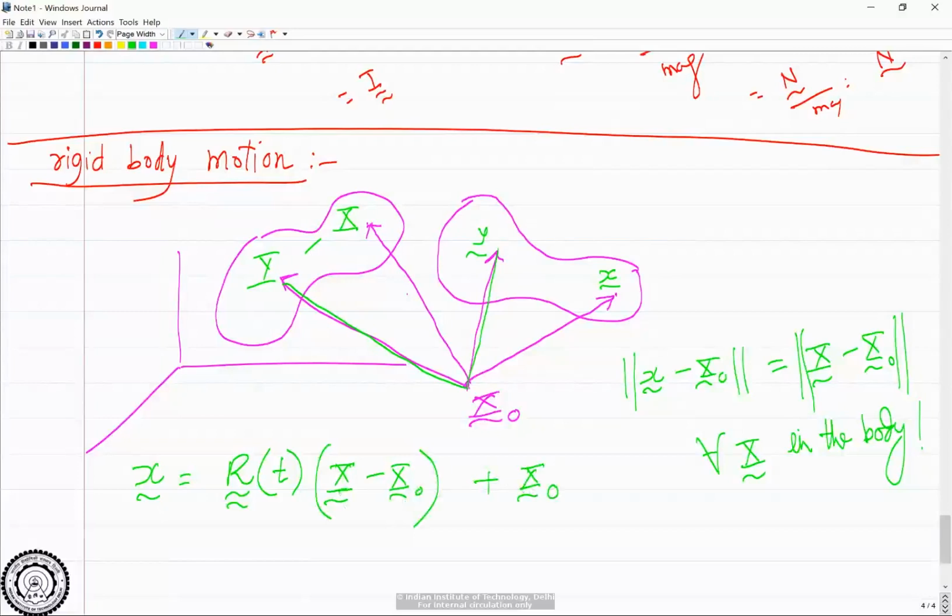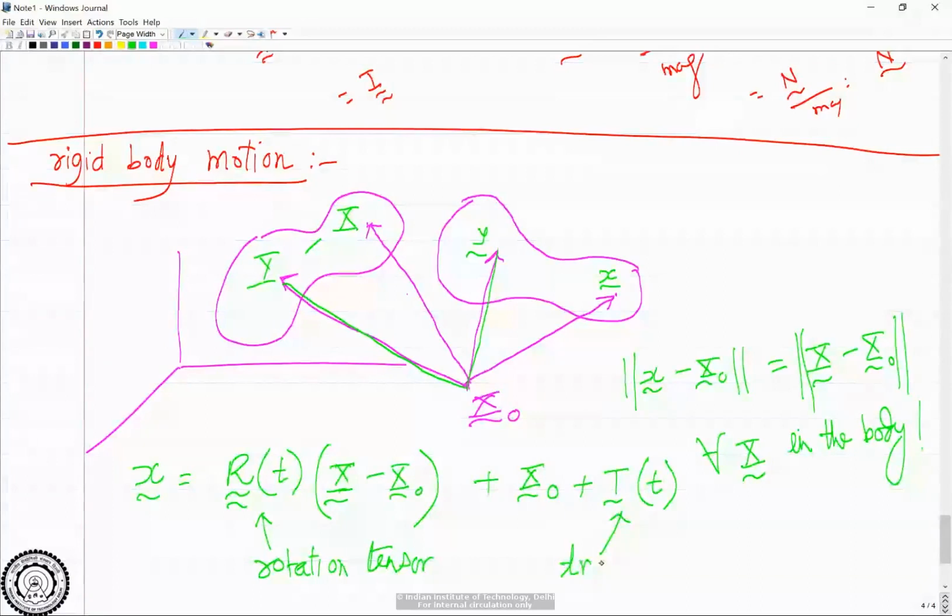Okay, so anyway, this is the formula for rigid rotation of a body. And if there is some extra translation also happening, then you could also add the translation vector. So plus some translation vector t, which could be a function of time. So this is the rotation tensor, and this is the translation vector.